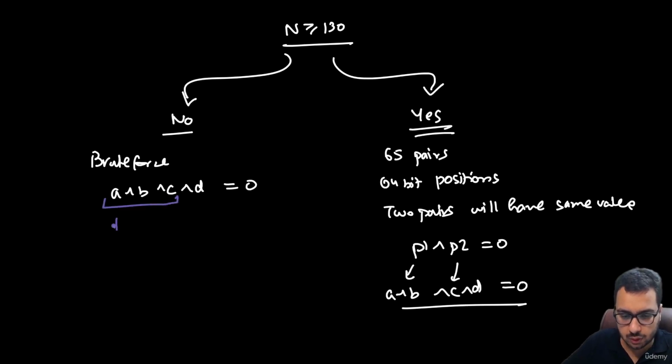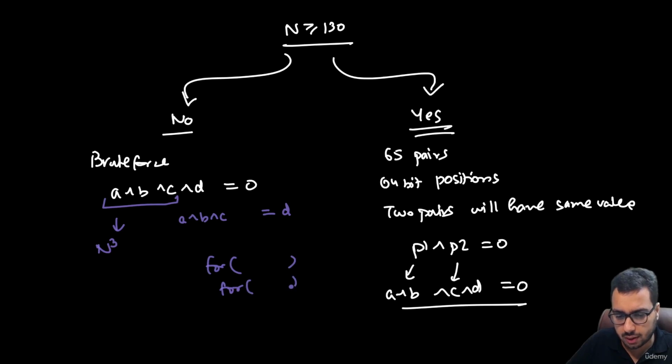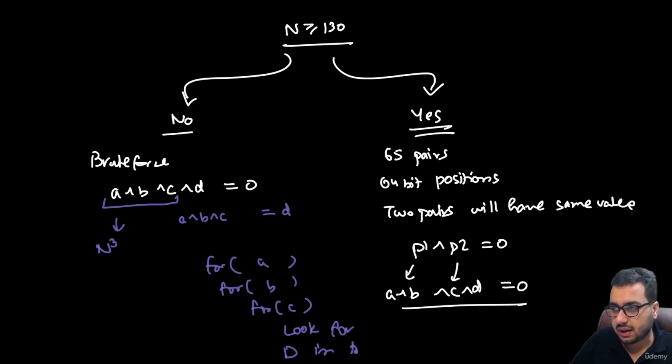So we can use three loops to iterate over all positions of a, b and c, and check that a XOR b XOR c must be equal to d. So we can look for d in the array.